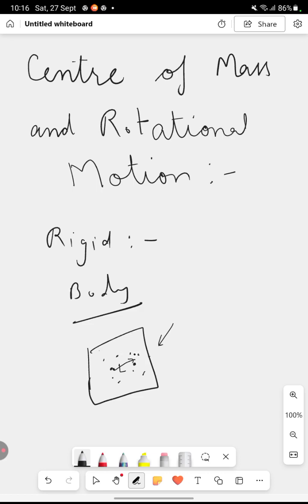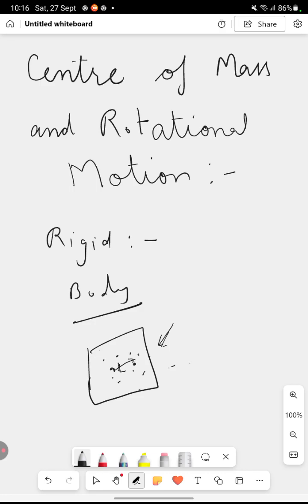That means the size and shape of the body is fixed. This is a rigid body.